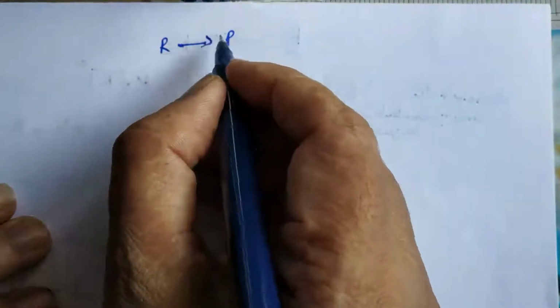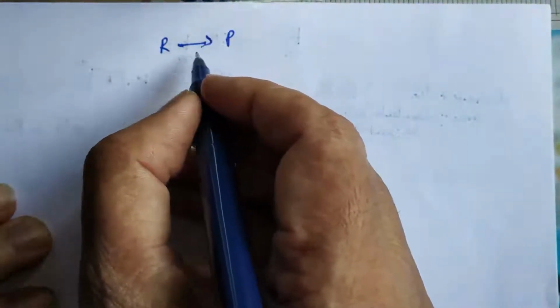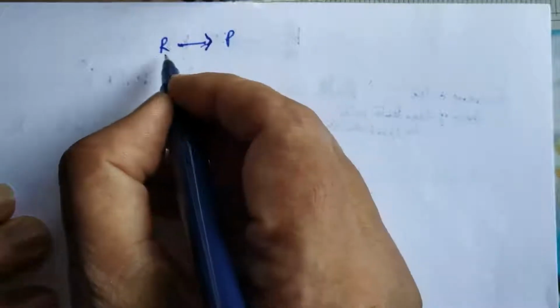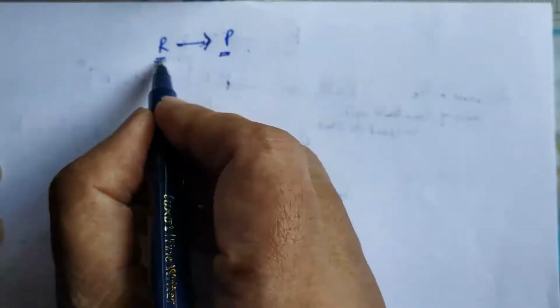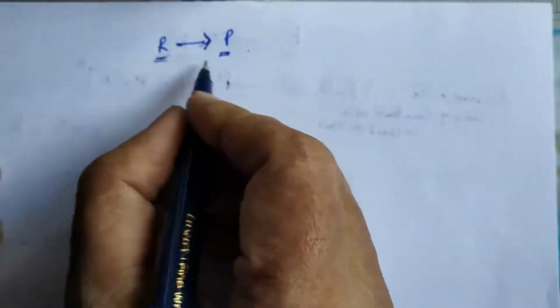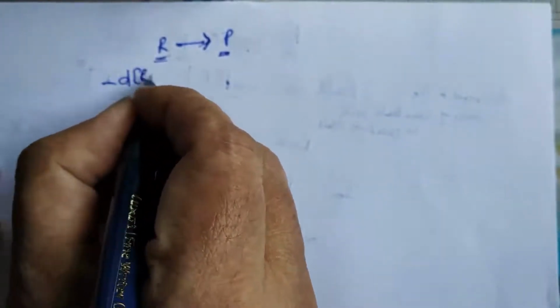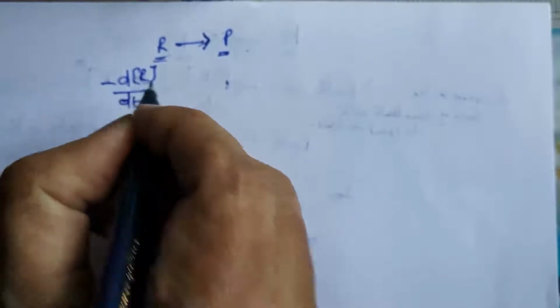To derive the rate constant for a zero order reaction, we will consider a simple reaction, that is R gives rise to P. R is the reactant and P is the product. So as per the rate law equation, the decrease in the concentration of the reactants with respect to time is called the rate of a reaction.